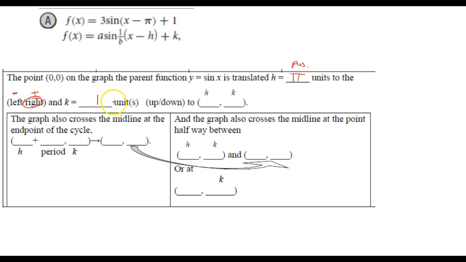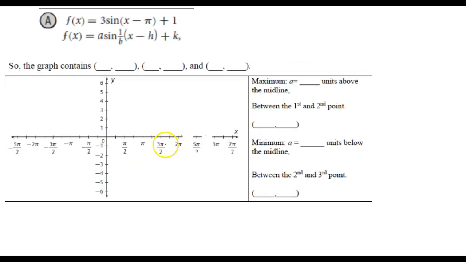To the right. And since 1 is a positive number, do you think we're going to go up or down? Up, right? To, of course, pi, 1. We already know where our midline is, so I'm not going to have us do this. We're going to draw our picture out for this graph, which is going to help us find our minimum and maximum values, which is what they want to know.